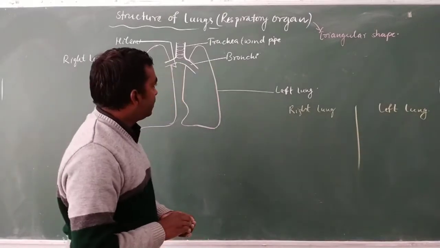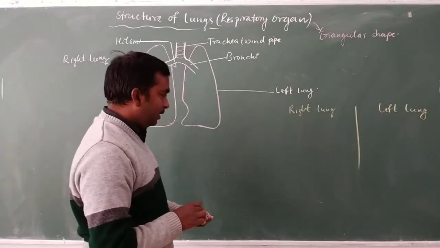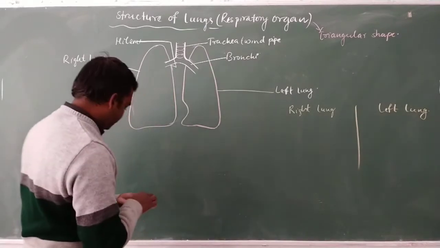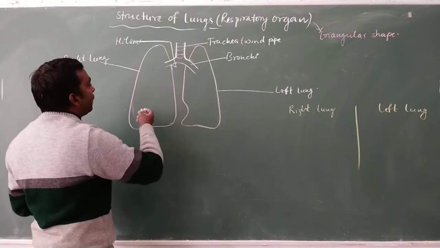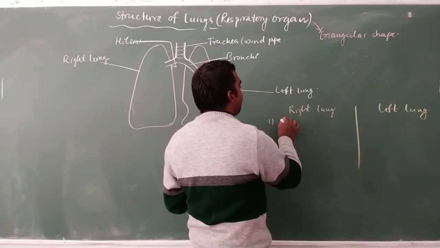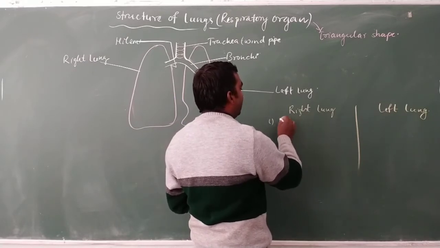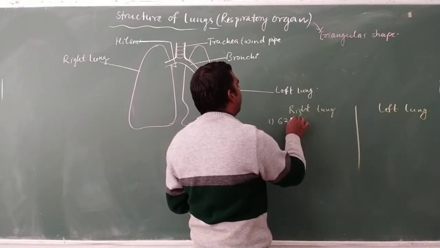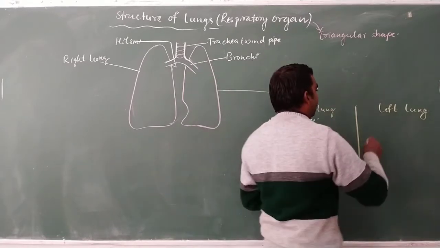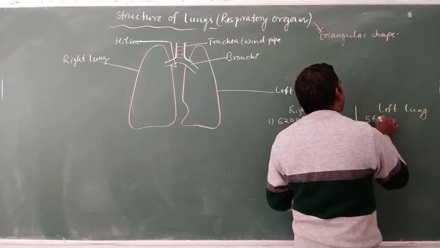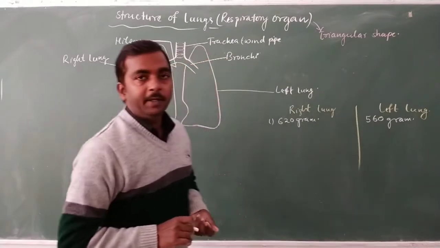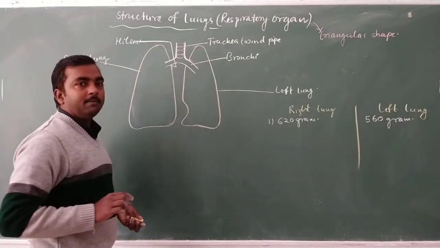The first difference is about weight. The weight of the right lung is about 620 grams, while the left lung is 560 grams.